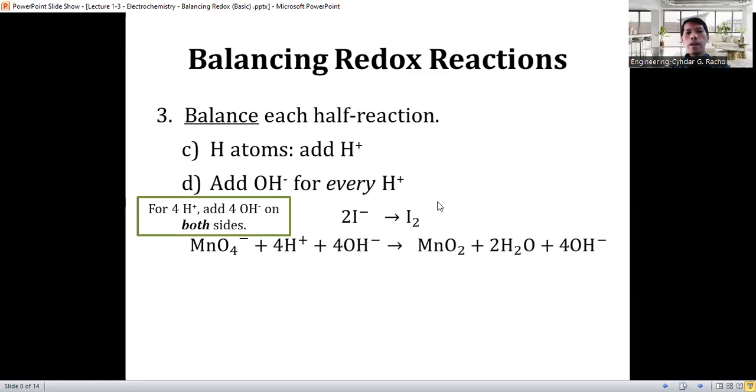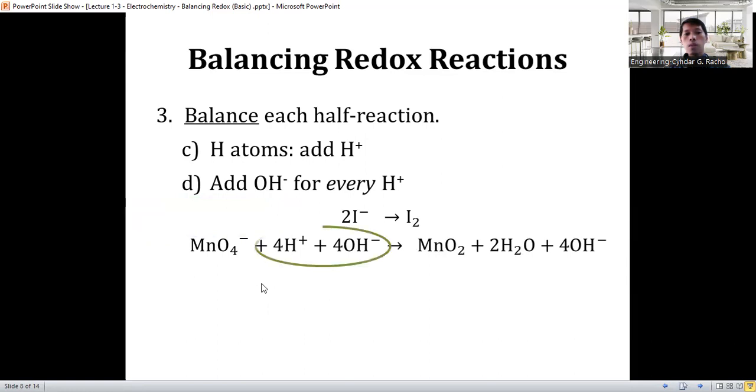Now, you can see H plus on both sides of the equation. So continue. For H plus, we have 4 OH. H plus and OH combine to form H2O.